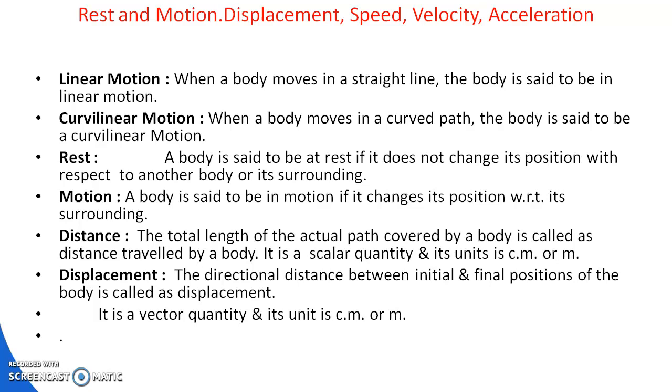For example, a student starting from his home moves to the school, covering 5 kilometers. Then after attending the school, he goes to the market, covering 3 kilometers. Then he returns to his home in the evening, covering 5 km. Then 5 plus 3 plus 5 is 13 km. He covered 13 km. That is the distance covered by the student.